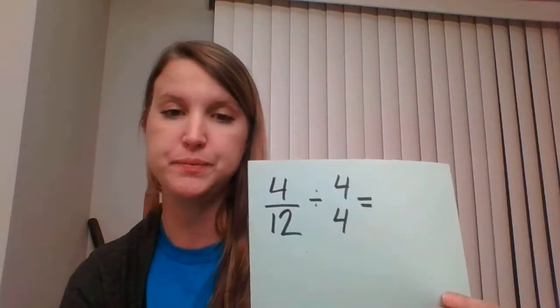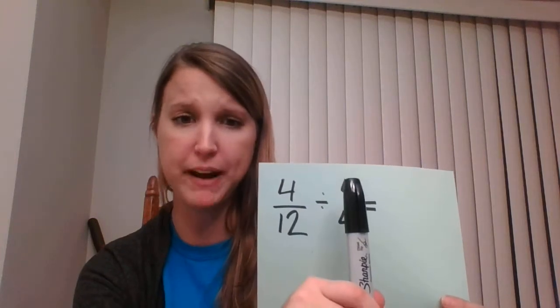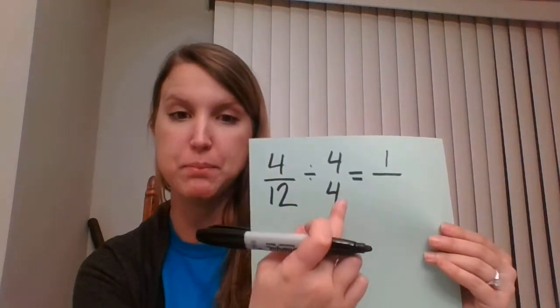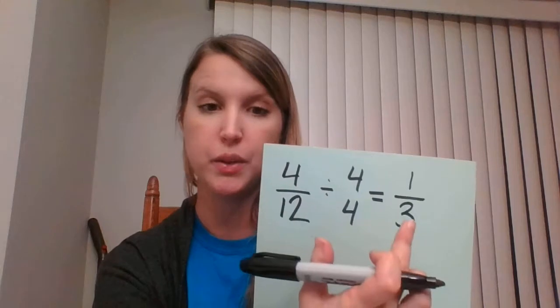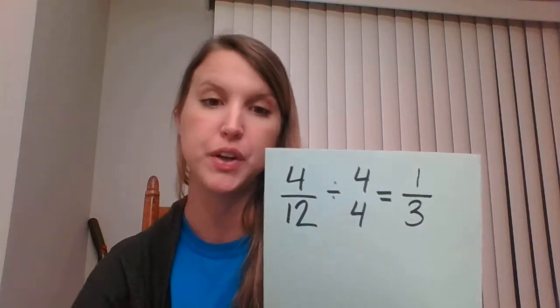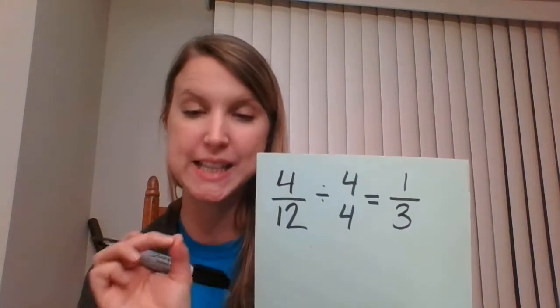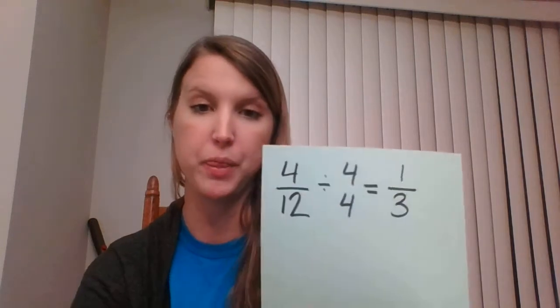I know 4 divided by 4 is 1. And 12 divided by 4 is 3. And this is because, working backwards, 1 times 4 is 4 and 3 times 4 equals 12. So 4/12 in simplest form is 1/3.